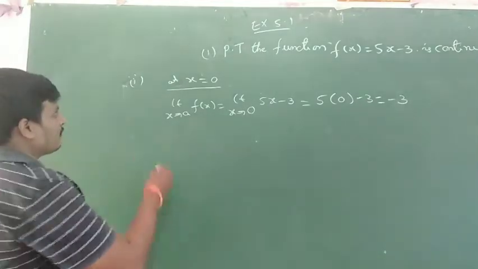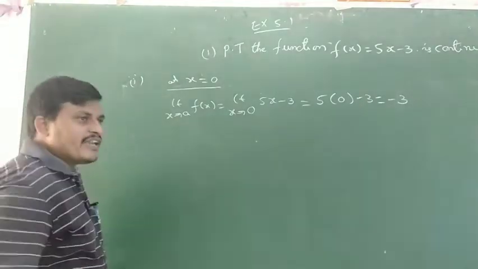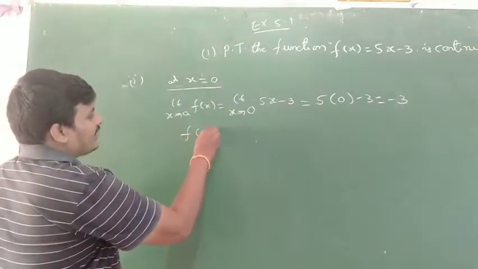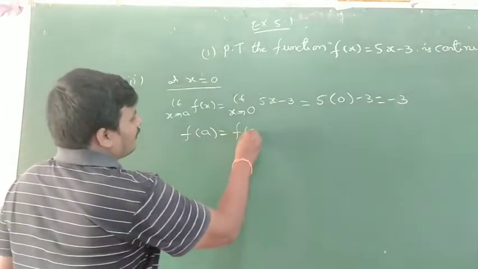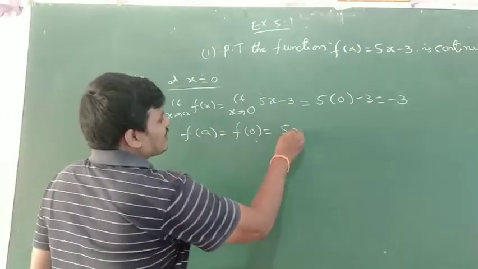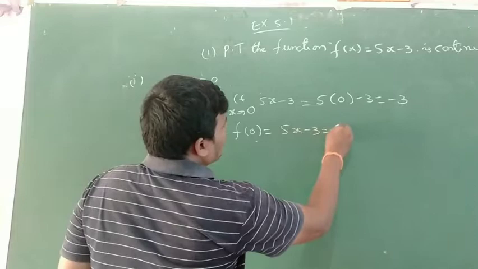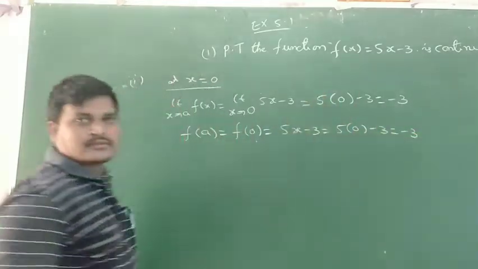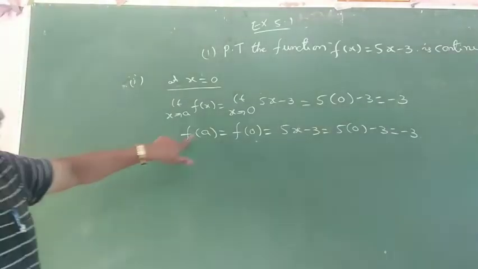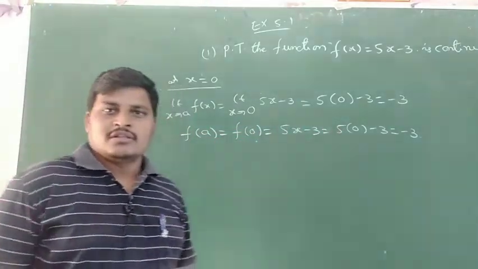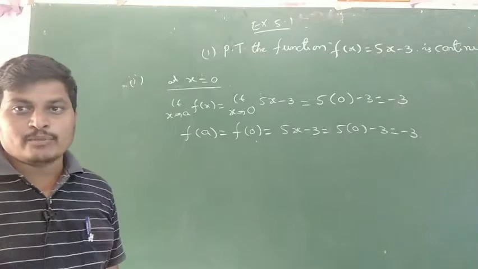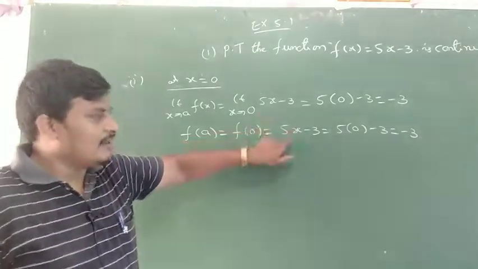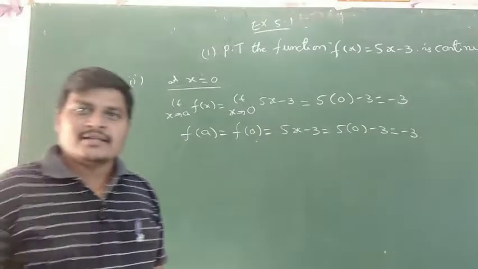The second one, f of a exists. f of a means f of 0. f of a is equal to f of 0 in the function at x is equal to 0. 5 into 0 minus 3 is equal to minus 3. f of a also exists. Both exist, and the third one is that they are equal.